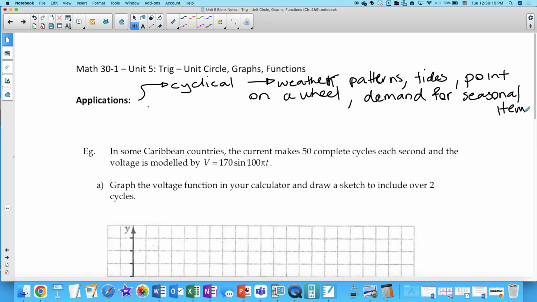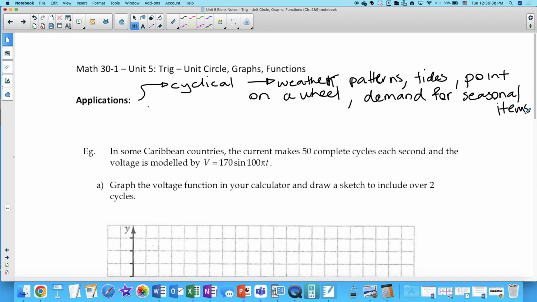So some products, just the demand stays constant, so something like milk or eggs or whatever, but something like eggnog, right? There's going to be a higher demand around the holidays, and then it goes down to basically nothing. And now you start seeing it in the grocery store earlier and earlier and earlier. So anyway, something like that.